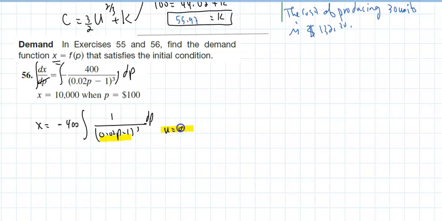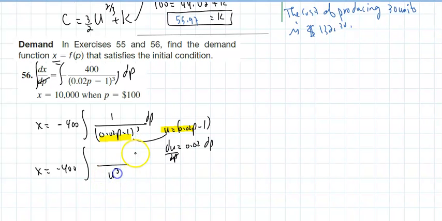u equals 0.02p minus 1. And if I take a derivative of that, that is 0.02. It should be du dp, but I'm going to cross multiply, and there it is. So x is going to equal negative 400, the integral. If I put that in, wouldn't that be u to the 3rd?